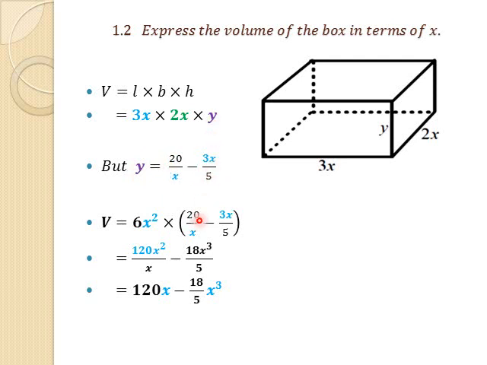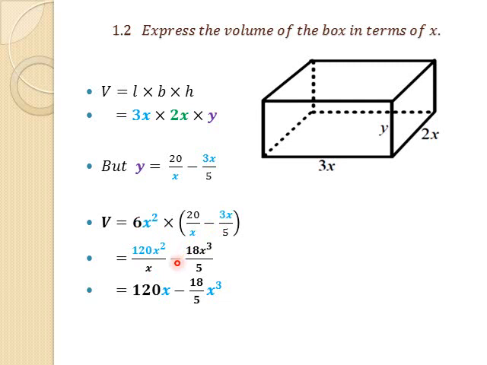So in the place of y, because they want it in terms of x, I can't have y. So that's 20 over x minus 3x over 5. 3 times 2 gives me 6, x times x becomes x squared. Now if I multiply in, 6 times 20 gives me 120x squared all over x.